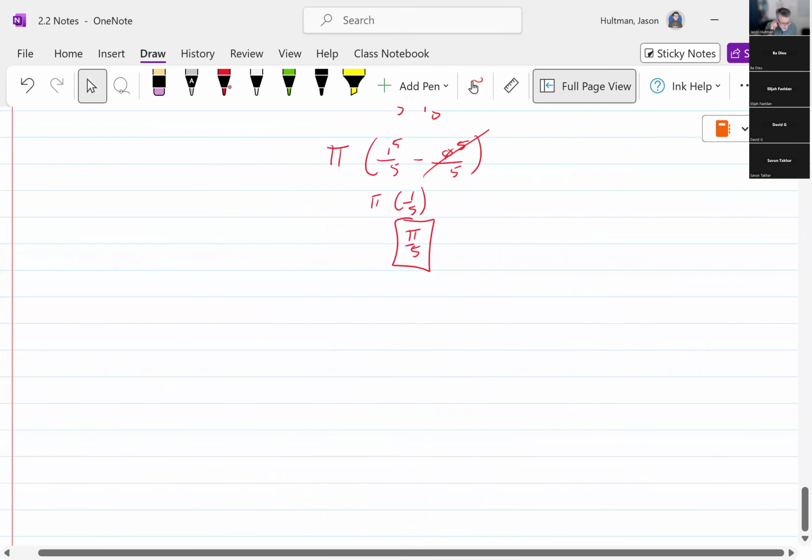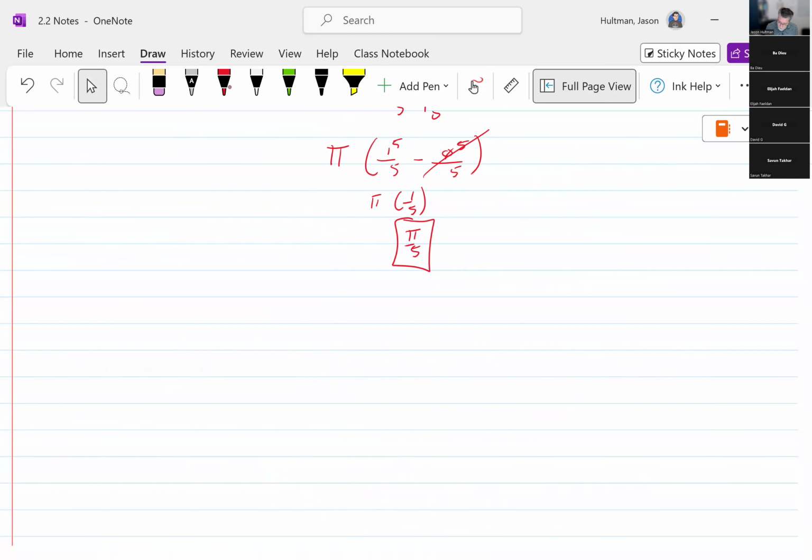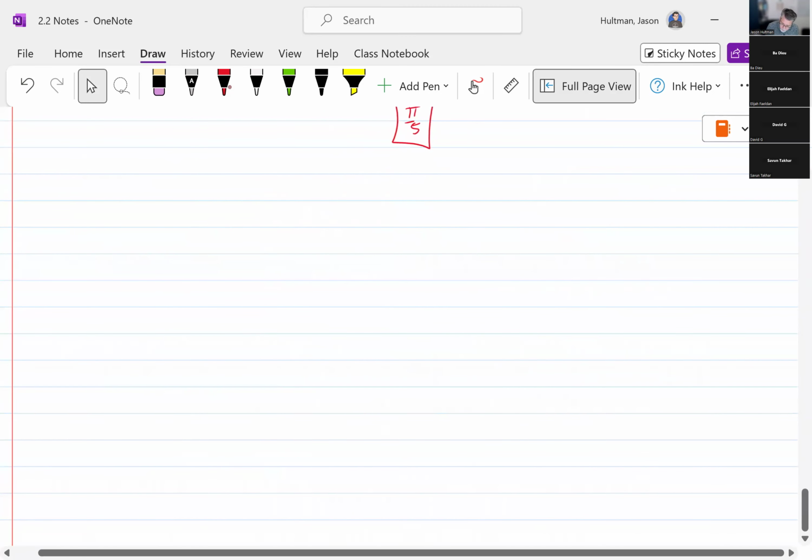So let's see what happens when we have two functions. Okay, two functions to deal with. So this is called creating washers.